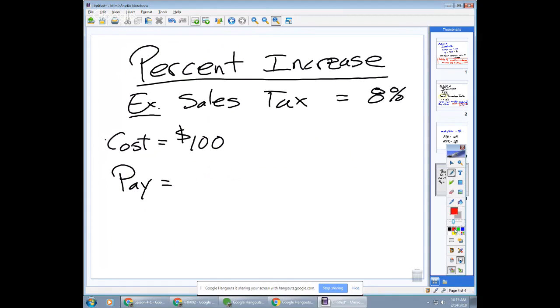Remember, percent means out of 100. So 8% means 8 out of 100. If I already have 100 there, I'm going to have to pay another $8. So I'm going to end up paying $108.